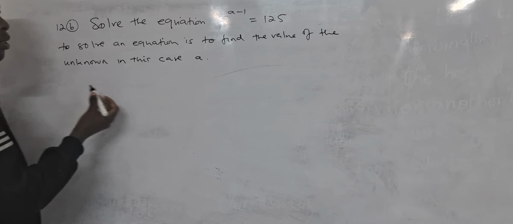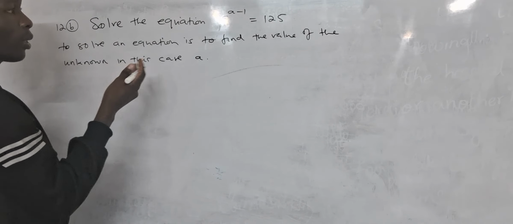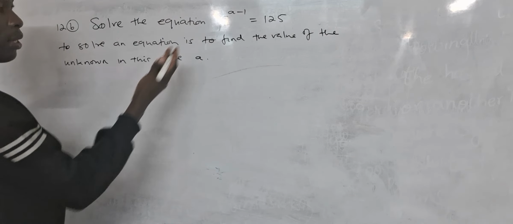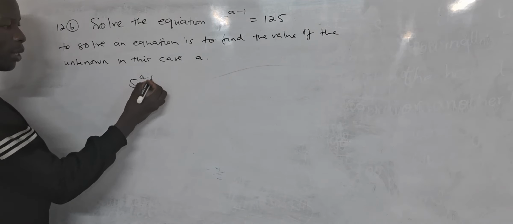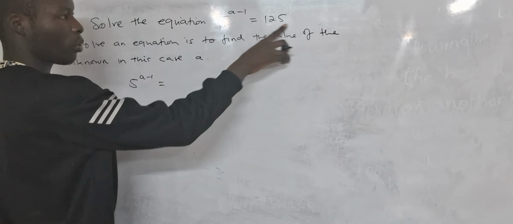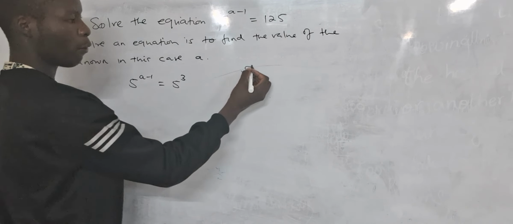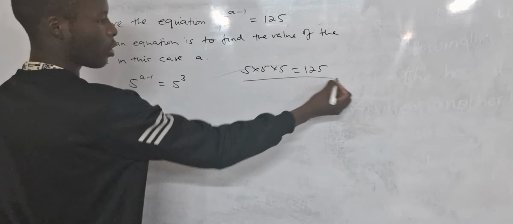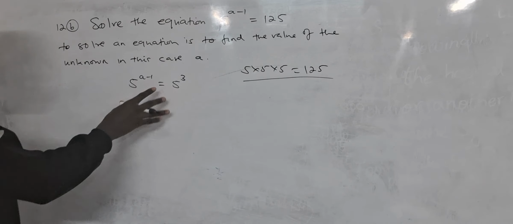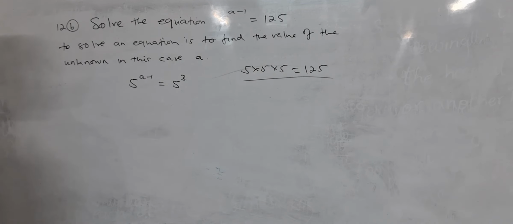See, this 125 can be expressed as 5 to the power something, right? So this is 5 to the power a subtract 1 is equal to 5 to the power 3. If you say 5 times 5 times 5, what is the answer? This is nothing but 125. That's why I'm saying the right-hand side is equal to 5 to the power 3.